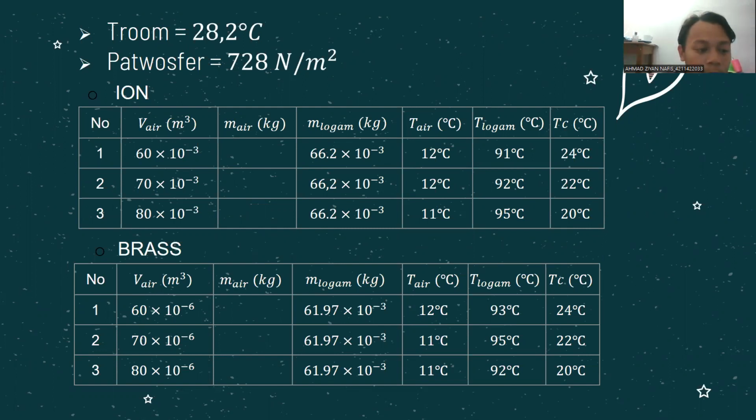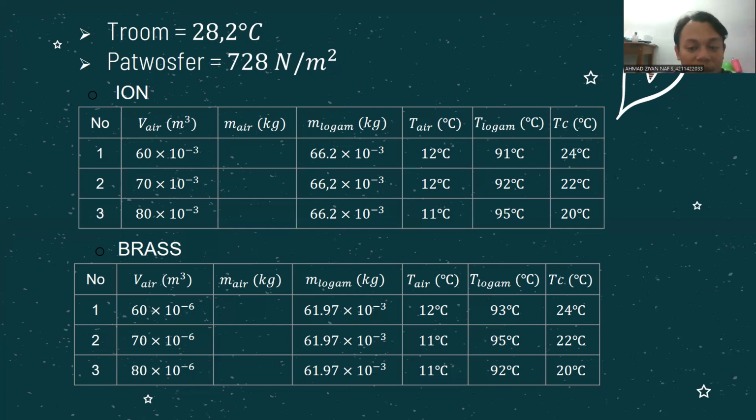First experiment data with a volume of water 60 times 10 power of minus 3, and a mass of metal 66.2 times 10 power of minus 3. Same.